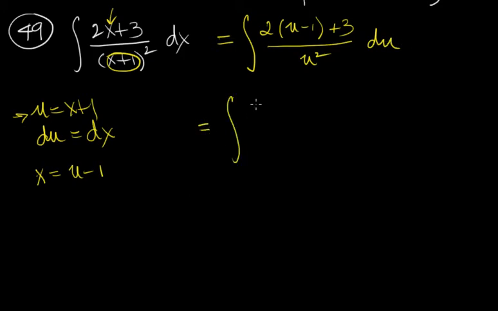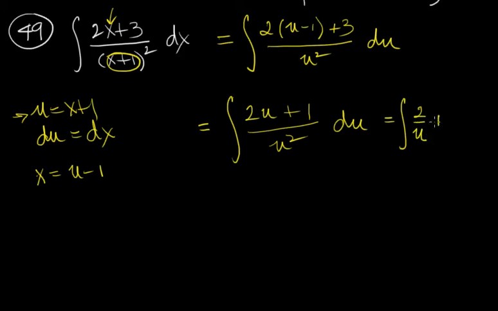Multiplying it out, we have 2u plus 1 over u squared du, which is the integral of, and I would just split this and get 2u over u squared is 2 over u plus 1 over u squared du.